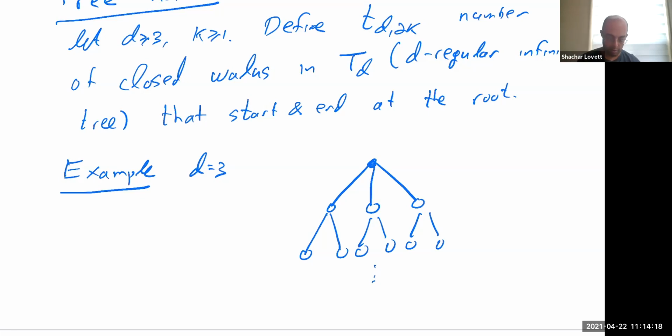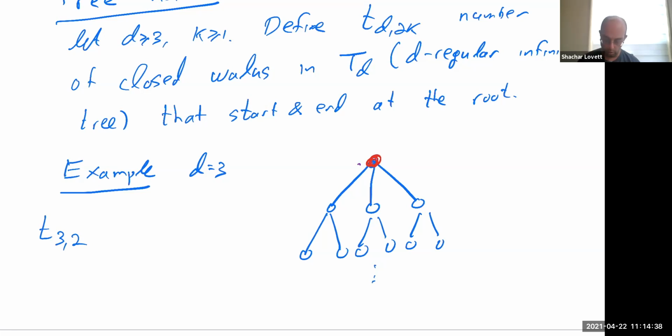So let's see, what is T_3^2? This counts walks in this tree that start and end at this special node, this red node. I want to count the options of walking in this tree in cycles of length 2. I claim there are exactly 3 options here.